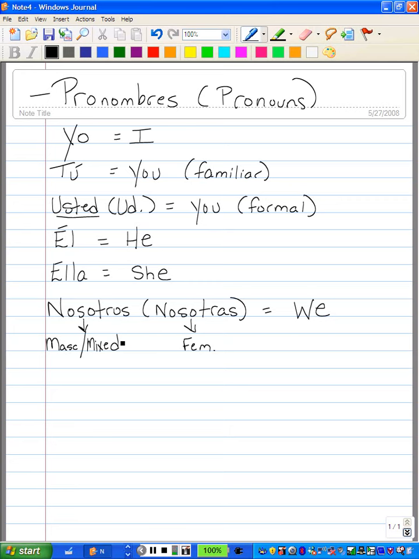So if you have male and female in a group and you want to say we, then you automatically default to the masculine. So you would say nosotros. If you have a group of just females and you want to say we, then you would say nosotras. Or again, if you have a group of just males, you would say nosotros. But in Spanish, you always default to the masculine if you have a male and a female in a group.